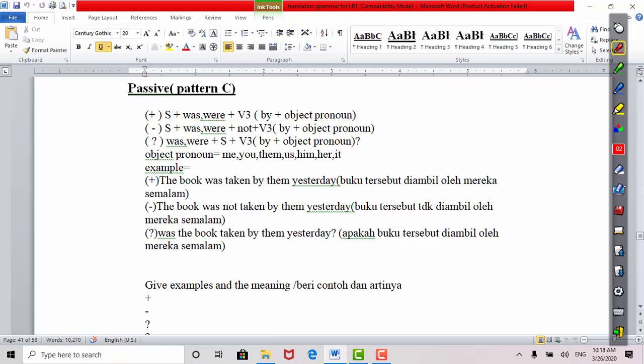The example of what subject uses was or were, I will tell you. If the subject is I, you put was. If the subject is you, you put were. If the subject is he, she, it, you put was.